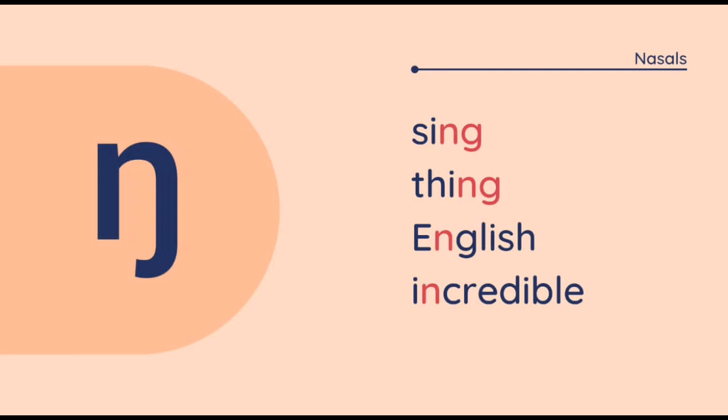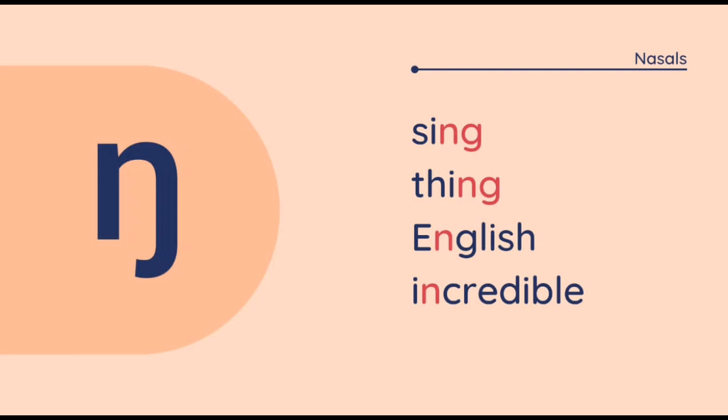Take note that sometimes it is very usual to mistake this sound with the N sound. However, the N sound takes place somewhere at the alveolar ridge, where the tongue and the alveolar ridge come together to pronounce the N sound.